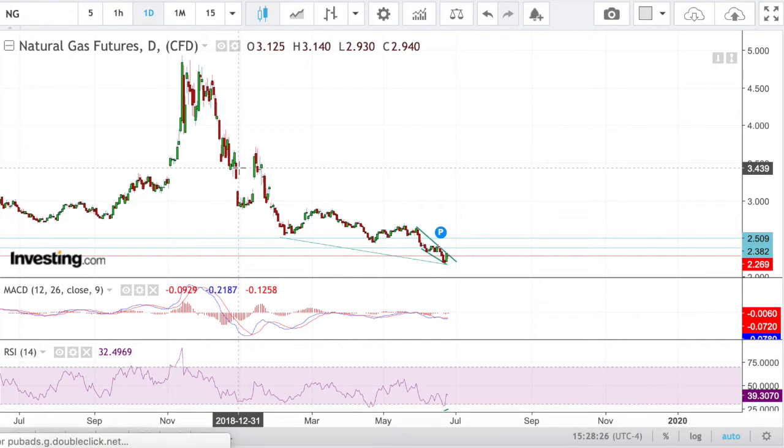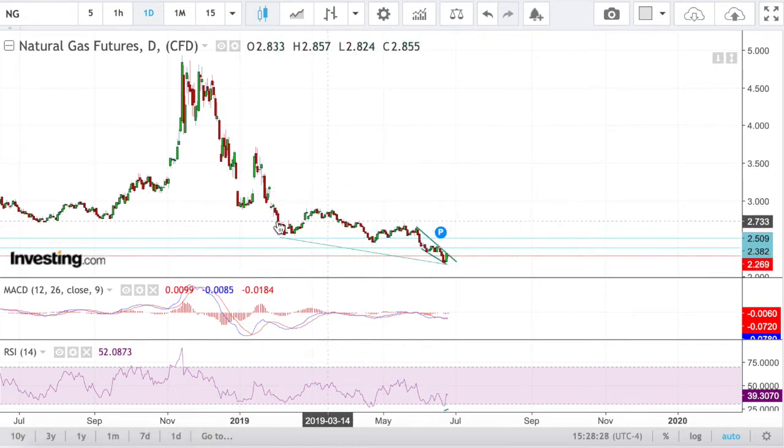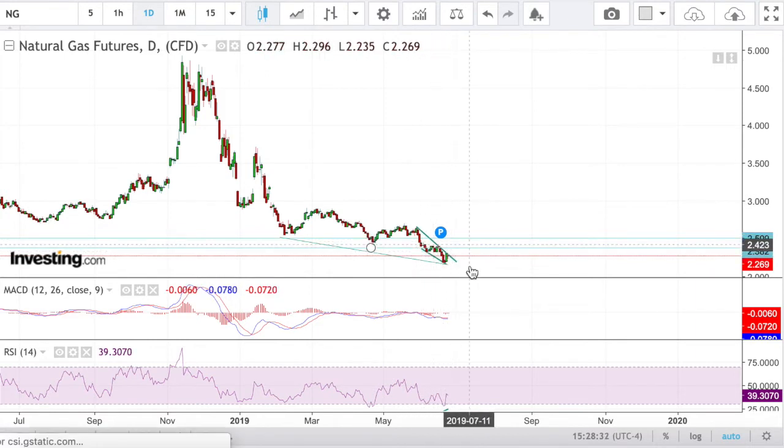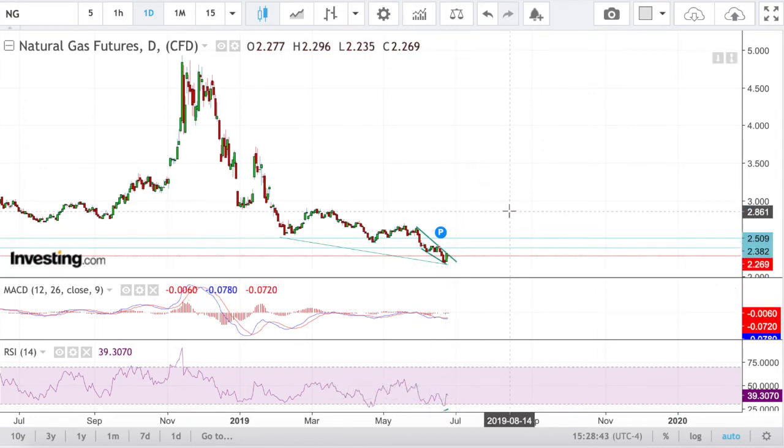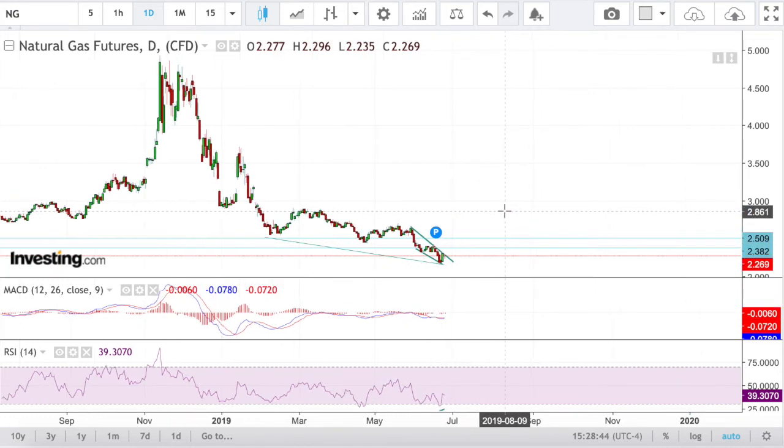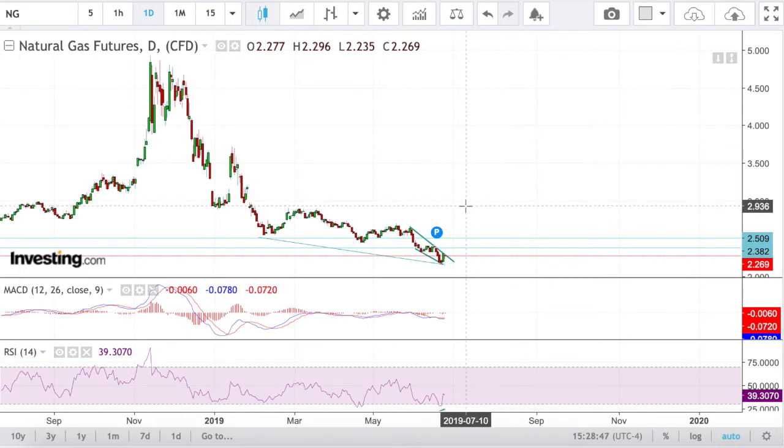So we could really reverse off of any of these levels, but until we start to cross over the zero line on the MACD and start to make higher highs, it's difficult to have a large long-term long position on natural gas, despite how cheap natural gas is.